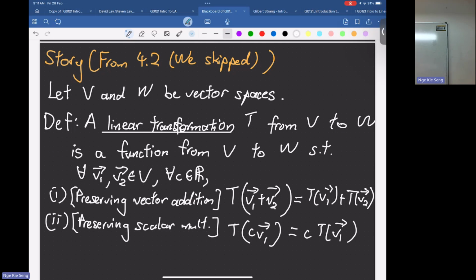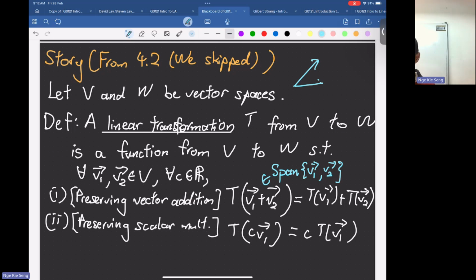So think again, geometrically, how to think about it. V1 plus V2 lives in what? It lives in the span of V1, V2. Meaning, if you take a V1 and a V2, you look at all the span, which means you look at the whole plane.